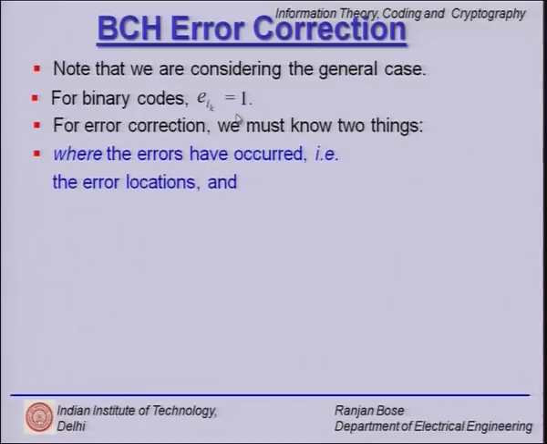We need to know for error corrections where the errors have occurred, that is the location, and what is the magnitude. For binary case it does not matter because it is either a 1 or a 0. So, if you found it to be 0, make it 1, so flip. But if it is a non-binary, say GF4, whether if it is a 1 and whether it should become a 0, 2 or 3, you have to figure out the magnitude of this error also.